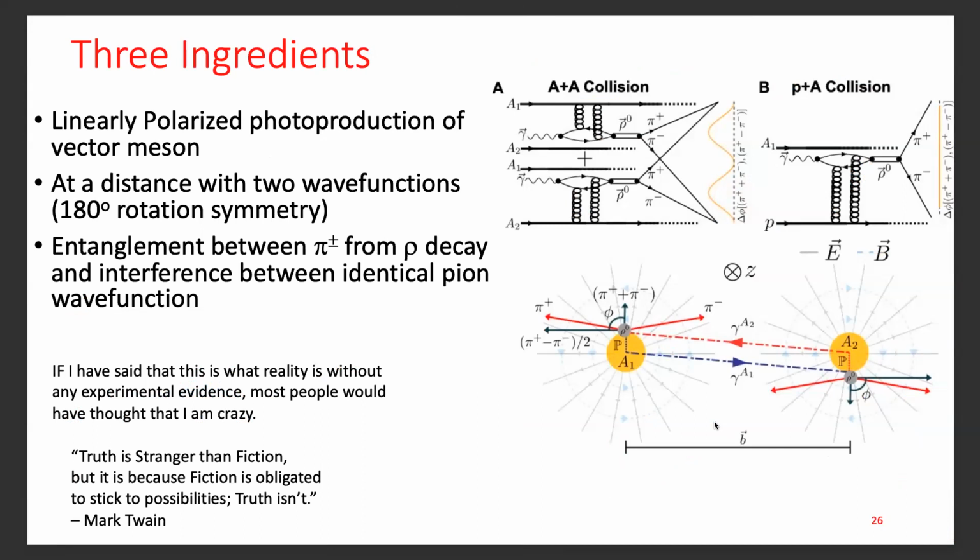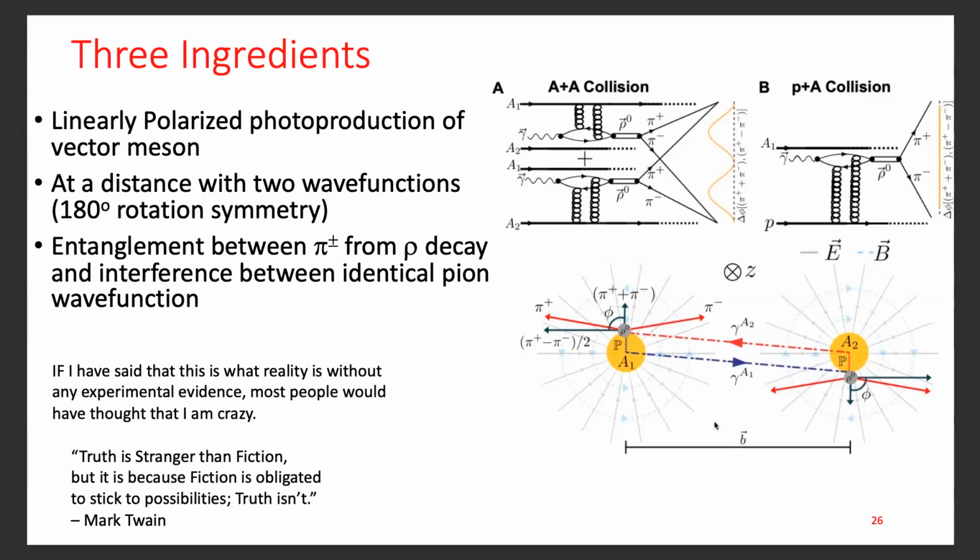So you need three ingredients. One is the photons are linearly polarized, so that we actually know the orientation of the vector mesons. There are actually two wave functions. One, because an ion can emit photons that interact with gluons on the other ion, but it also can do the other way. So you actually have two vector meson wave functions, not two vector mesons.